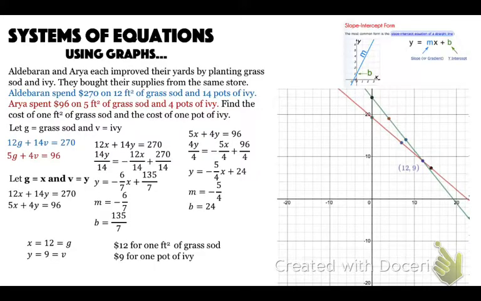So let's just look. Like this one, when Aldebaran and Arya, my dogs, decided they wanted to improve my yard instead of destroy it, they went and brought grass and sod, and we solved it with graphing. We graphed the lines, and these lines were kind of ugly, but we got the point (12, 9), so it was $12 for a foot squared of grass sod, and $9 for a pot of ivy.